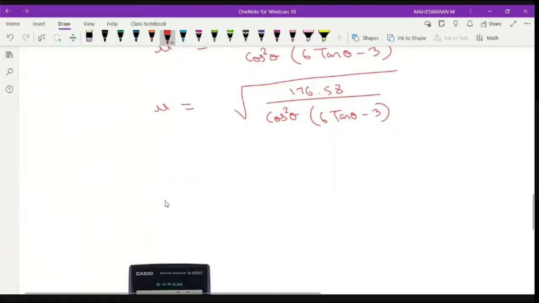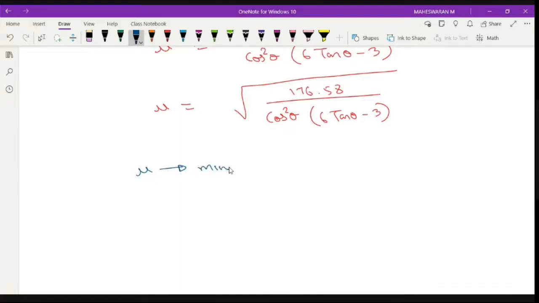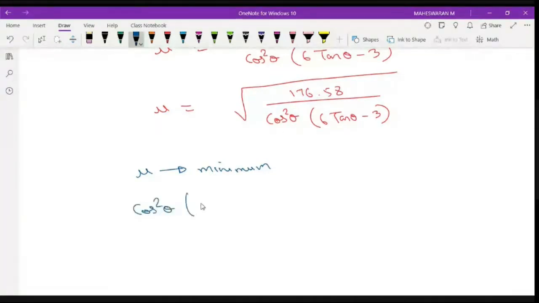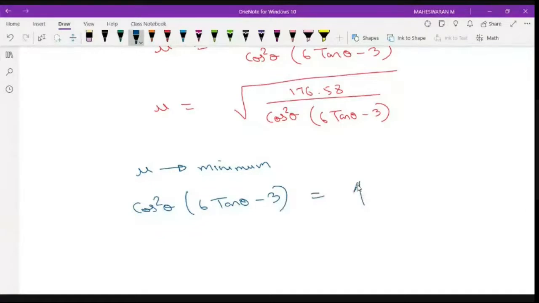When will u be minimum? When the denominator, cos square theta of 6 tan theta minus 3, has a greater value, then I can say that your u will be a minimum value. Any clarification on this?